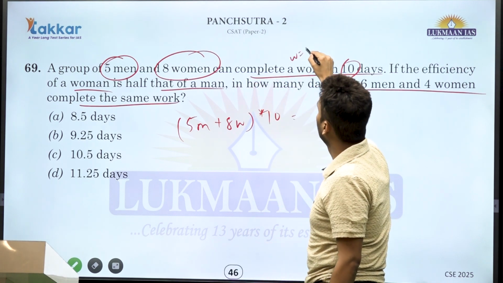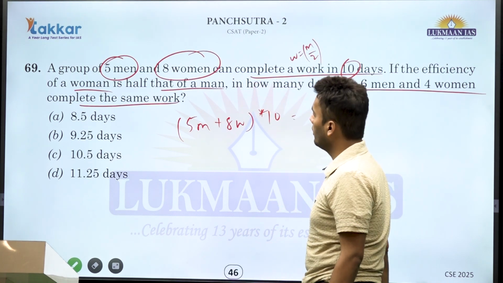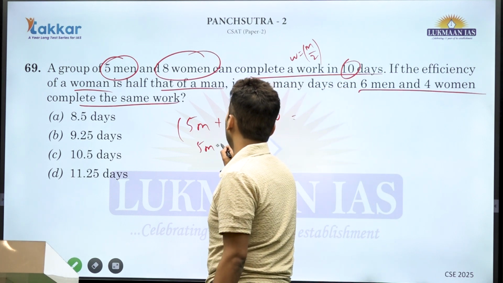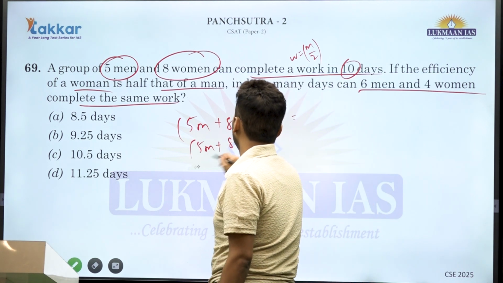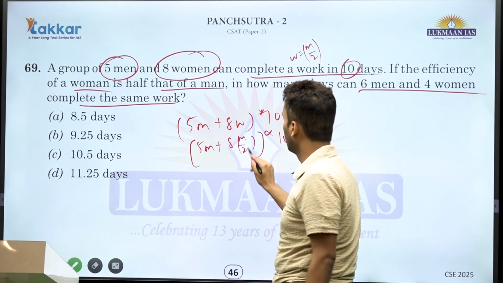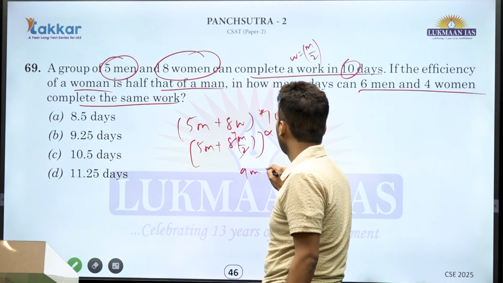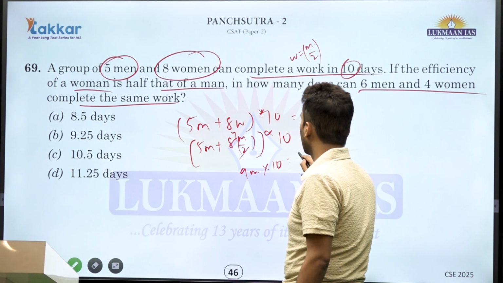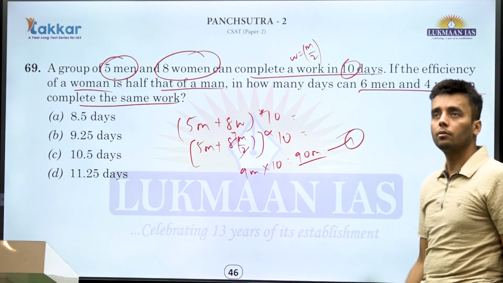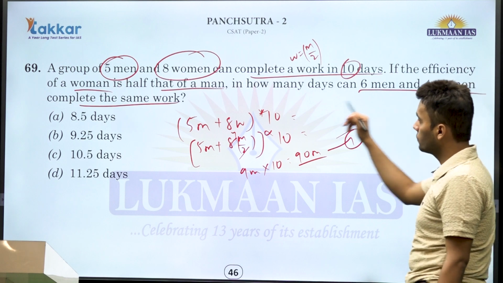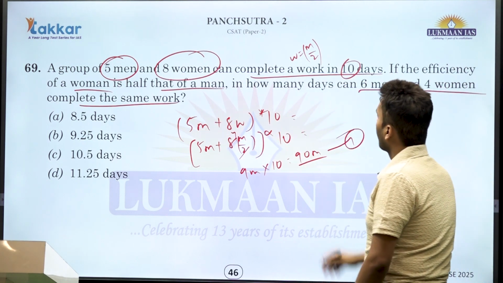So women can be written as m by 2. So substituting the value of W, m by 2, into 10, 9m into 10, that is how much? 90m. This is the first equation which we get from the first part of the question.